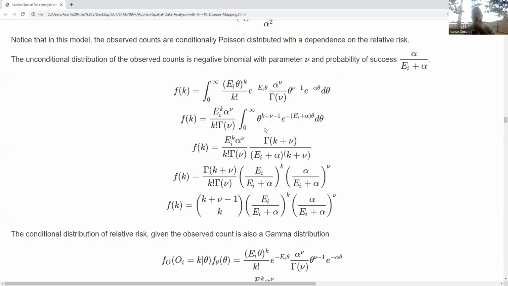Now I look at that and I go, whoa, that's the variable of integration to a power and then e to a coefficient times the variable of integration. I know that that is the gamma function. So I can just go ahead and connect this to the gamma distribution. I realize that this is the gamma distribution without the rescaling coefficient.